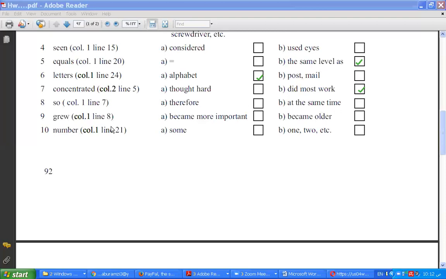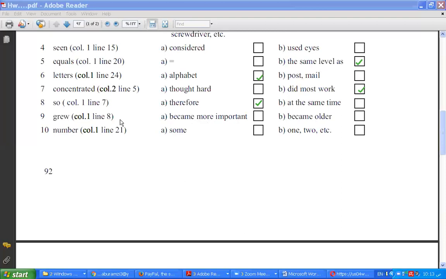This is therefore: we did something, so like this. Grew: became more important or became older. Does it mean grew in age or became more important, meaning developed?